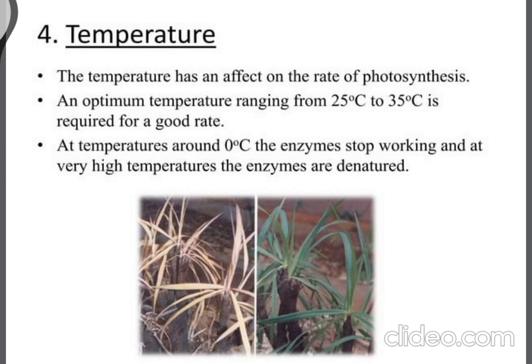An optimum temperature ranging from 25 degrees Celsius to 35 degrees Celsius is required for a good rate of photosynthesis.